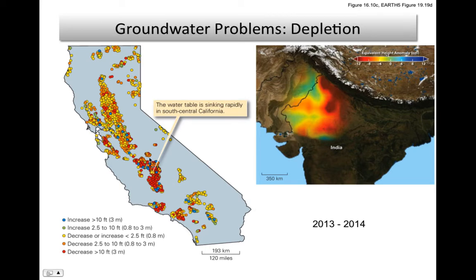And you can see in the southern San Joaquin Valley of California, we're seeing over 10 feet of decrease of the water table in just 1 year, because farmers are just desperate. One of the problems here is, well, obviously it's a breadbasket, and farming, agriculture, provides food for the nation, so they need the water there. But maybe the techniques of how they do it need to be investigated there.